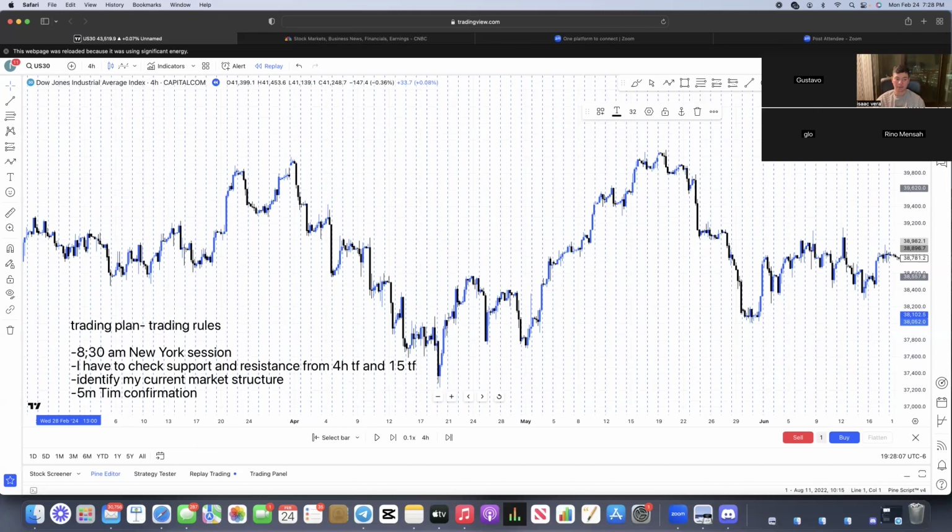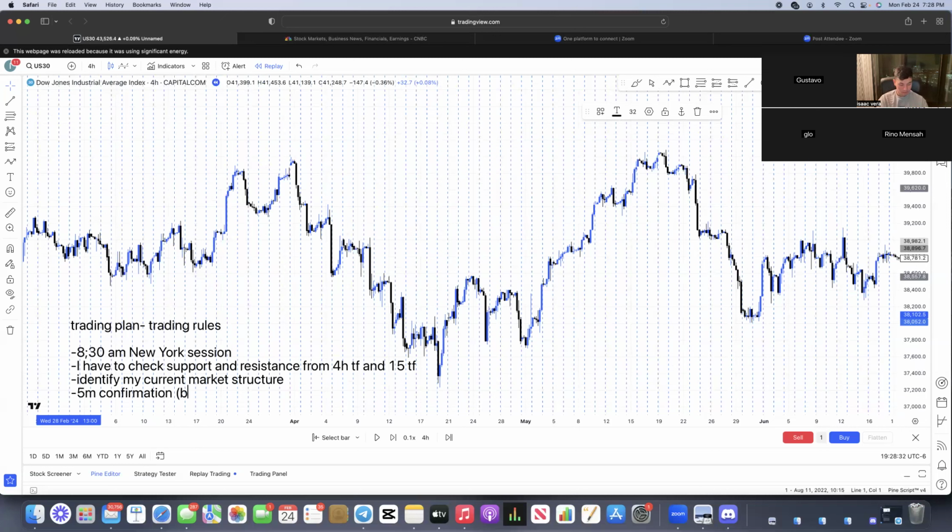If not, I have to wait for structure to form before I look for a trade. So if I get a big push, what would be a big push for me to look for in the market? That would be a bearish engulfing candle or a bullish engulfing candle.